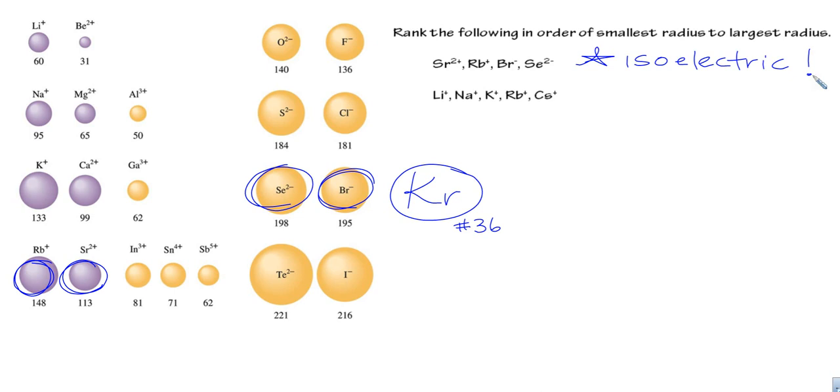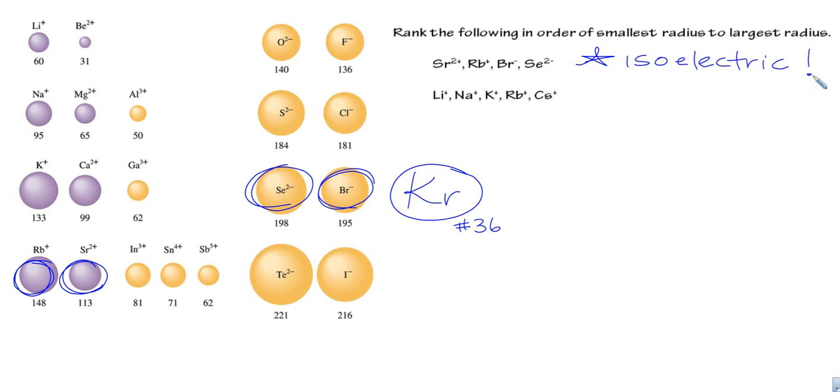So now I'm going to rank these smallest to largest. The smallest will be the ion with the most protons. They all have the same amount of electrons, and the electron cloud is what makes up most of the radius. They all have the same. But strontium has the most protons, so there's going to be the greatest attractive force coming from the nucleus.